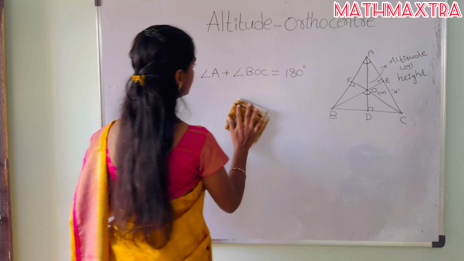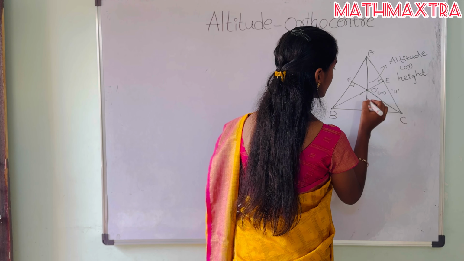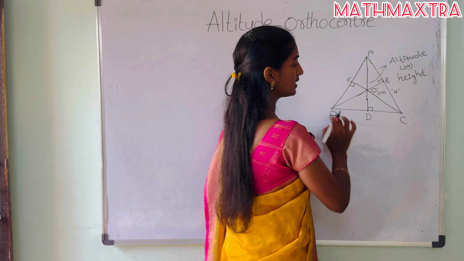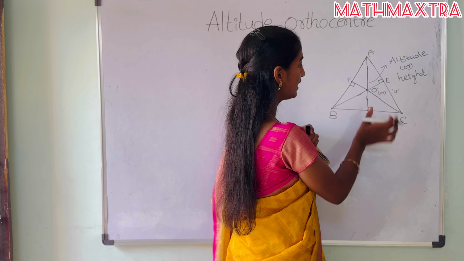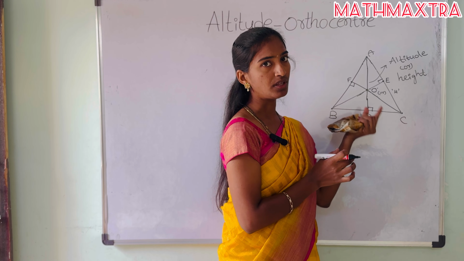Orthic triangle. This is a triangle ABC, and these three points D, E, F are the feet of the altitudes.